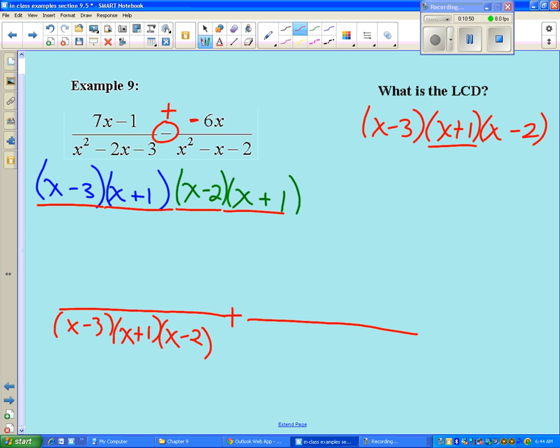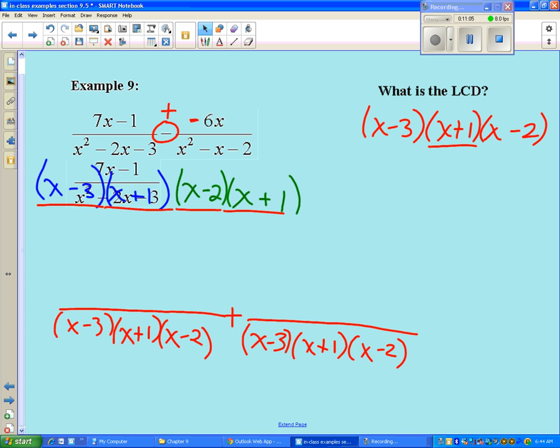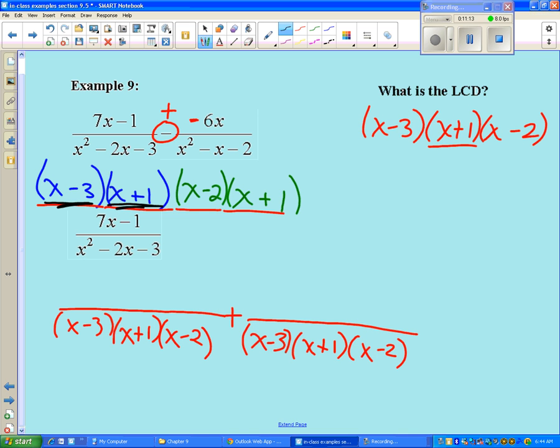And then this is, again, x minus 3, x plus 1, x minus 2. Let's work on my numerators, my tops. Again, like I did previously, what do I need to do to this? Well, this already has an x minus 3 and an x plus 1, so I need to multiply by x minus 2 to top and bottom to get this down here.